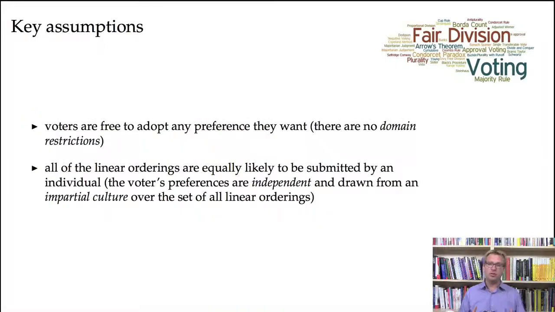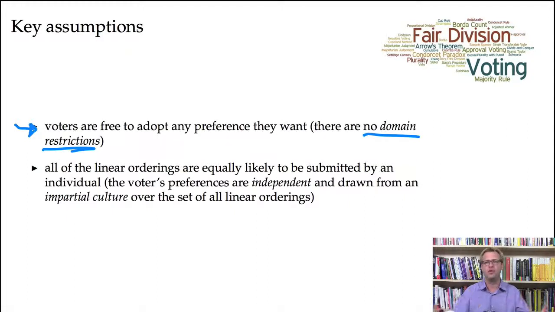Well, it's useful to examine two key assumptions that I was making when I did these calculations. The first assumption is that I did not put any restriction on which linear orderings the voters were allowed to adopt. This is called a no domain restriction assumption. You can think of this as a freedom assumption for the voters.